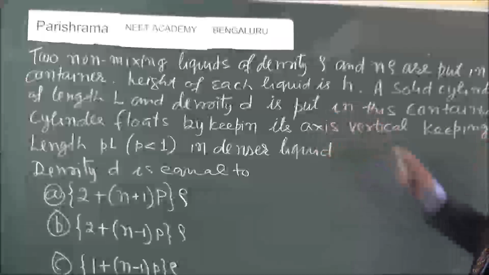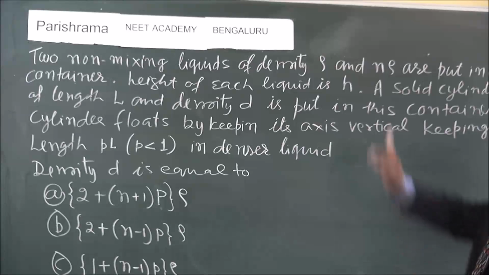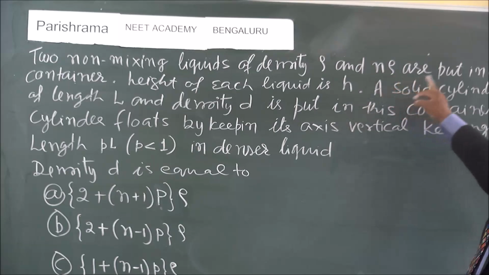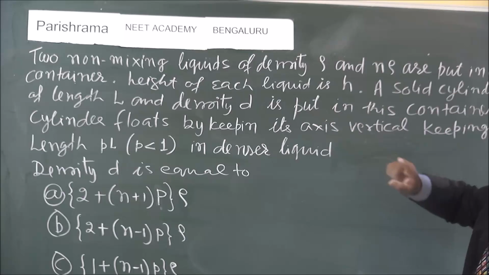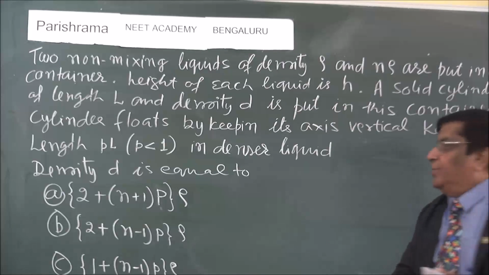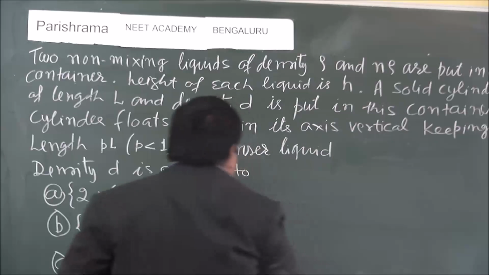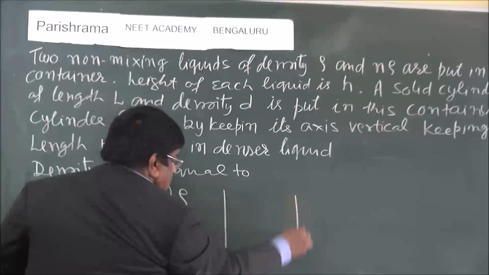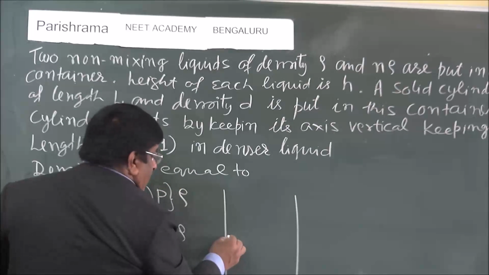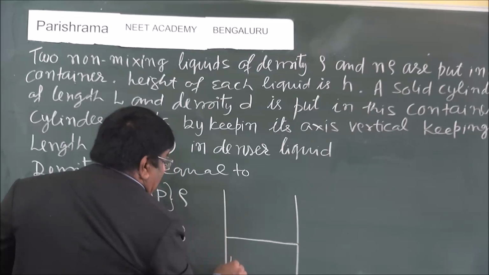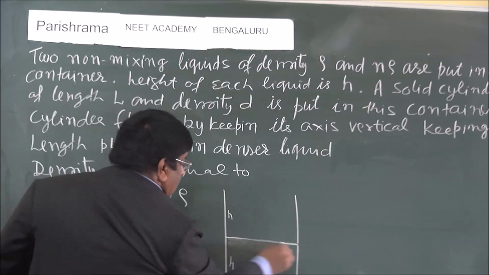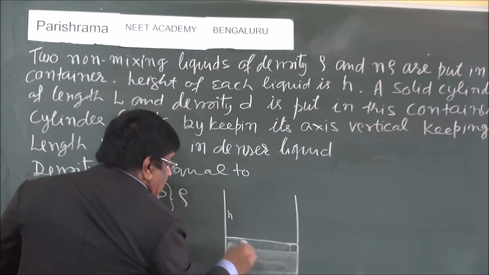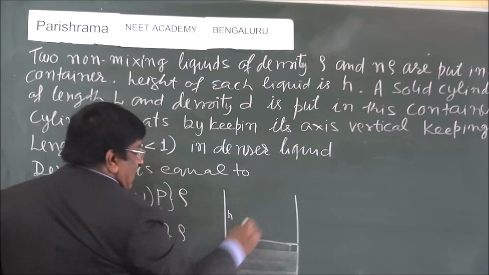There are two non-mixing liquids of density rho and n multiplied by rho. So this is denser. They are put in a container. If we put them in one container and they don't mix up with each other, we have it like this. h, h, this is the one and this is the other one.